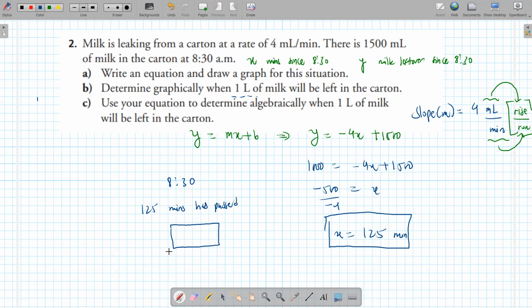Remember, 125 minutes is 2 hours and 5 minutes. If he started off at 8:30 and 2 hours and 5 minutes has passed, what's the time right now? 10:35. So there you go. At 10:35 a.m., there's gonna be exactly 1 liter of milk left in the carton.